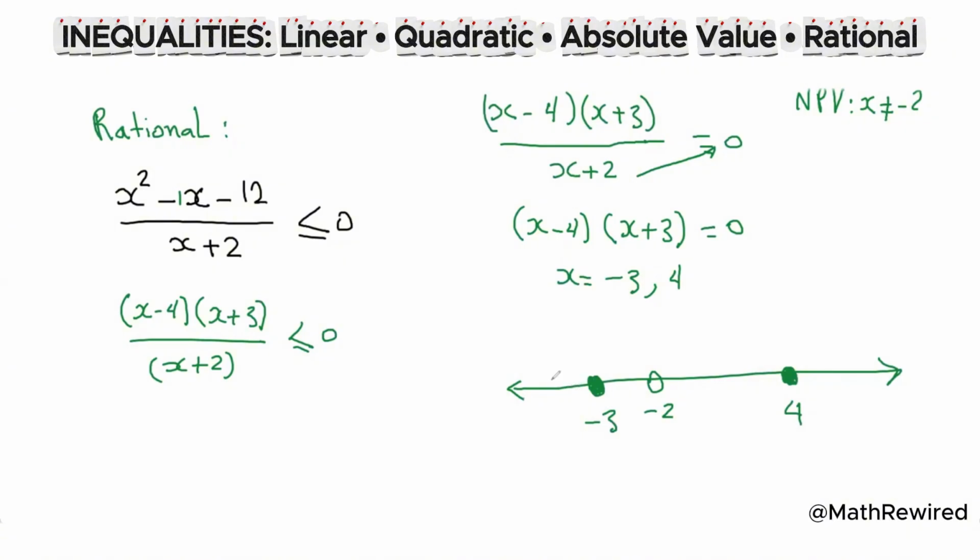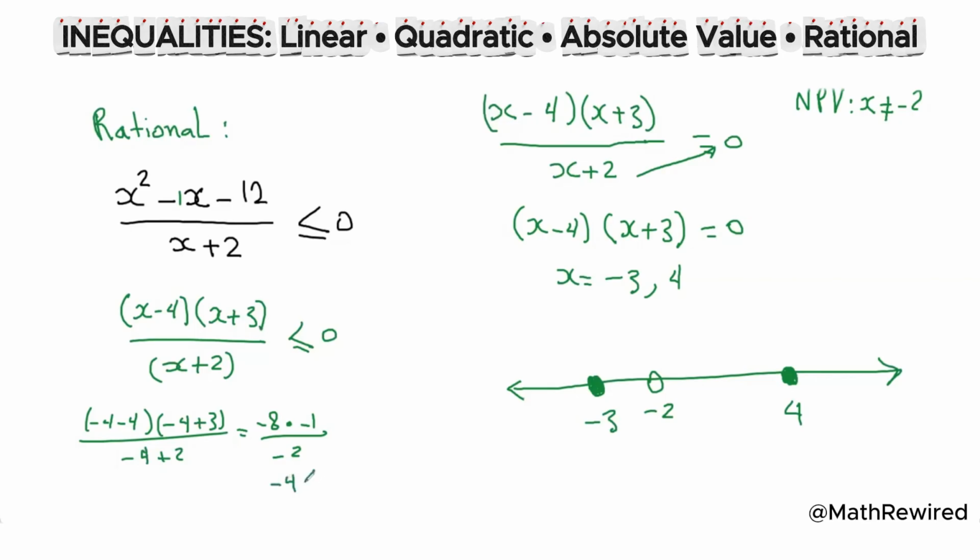If I use -4 in this line segment, I put in -4 minus 4, and -4 plus 3, over -4 plus 2. As you see, that's going to be -8 times -1 over -2. -8 times -1 is 8, divided by -2 is -4.